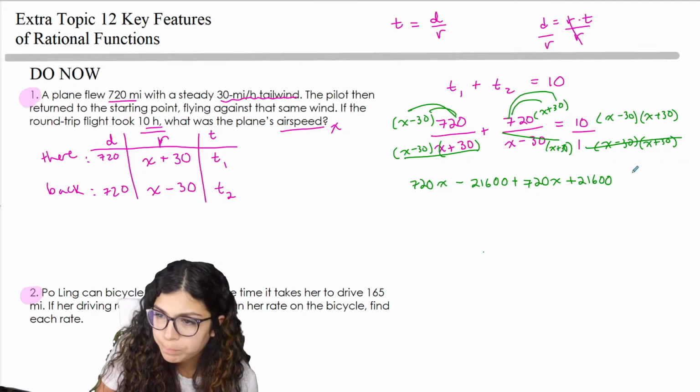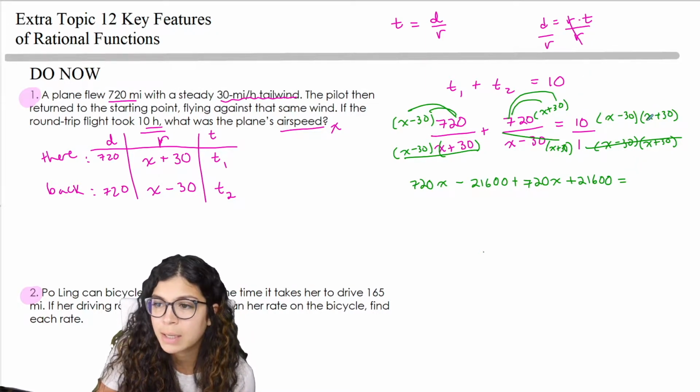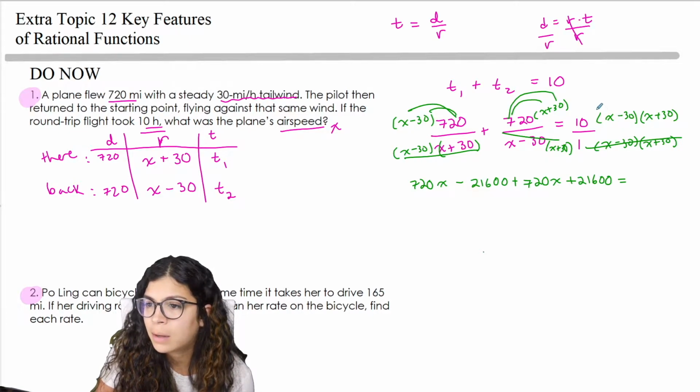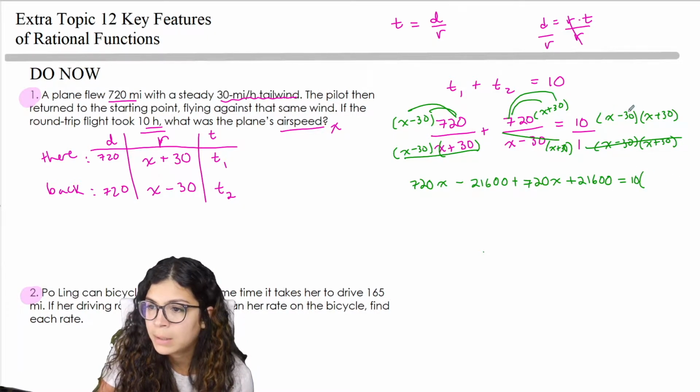On the right-hand side, we have 10 times x minus 30 times x plus 30. You can either multiply 10 in first, or multiply these two first and then distribute the 10. I'll multiply these two first: that gives x squared, and the middle term cancels, negative 30x plus 30x.